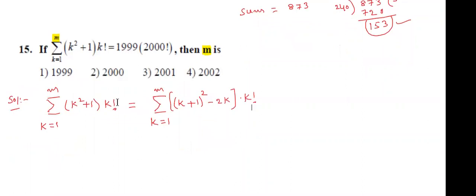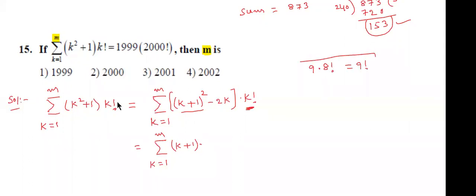Now multiply with k factorial. Then what happens? See, k equals 1 to m. Here (k plus 1) whole square is there. I am writing (k plus 1) into (k plus 1). Next, (k plus 1) into k factorial. For example, 9 into 8 factorial, how much? This is 9 factorial, or not?